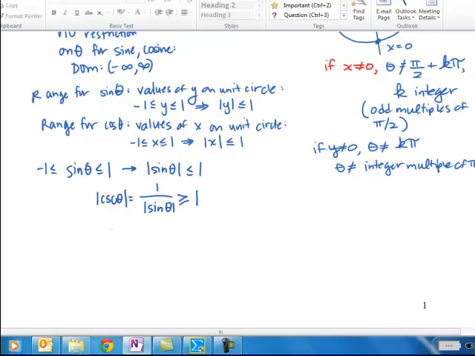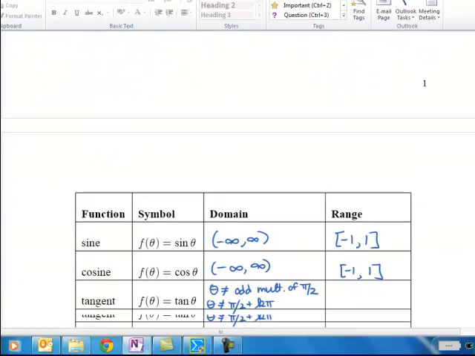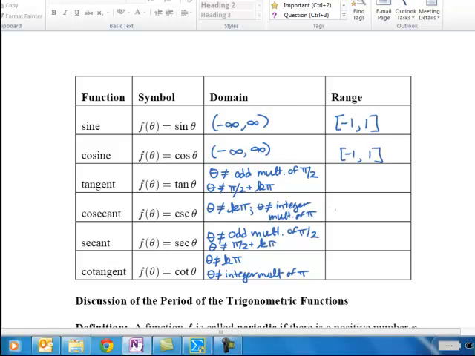So that means that cosecant could actually be greater than 1, or cosecant could be less than or equal to -1. So we get all of the values that are outside of the interval from -1 to 1. So let's write it this way, -infinity to -1 union 1 to infinity.